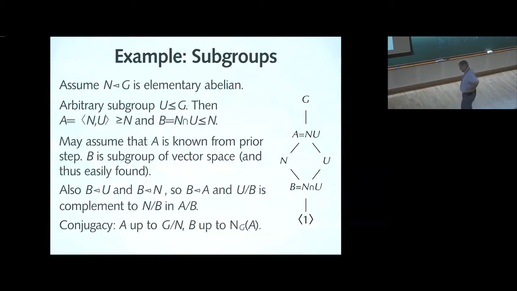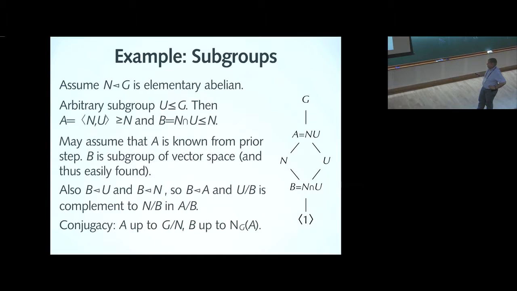Right. Another example, subgroups. So again, I assume N is elementary abelian. How can I find all subgroups or representatives of all subgroups up to conjugacy? Well, let's look at an arbitrary subgroup U. If I take this subgroup, I can look at the group of its image in the factor group, and I can look at its intersection with N. Well, in the factor group, I assume things are known.